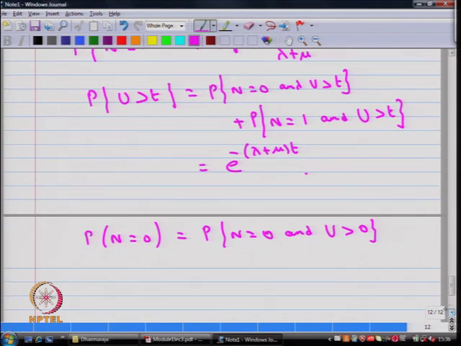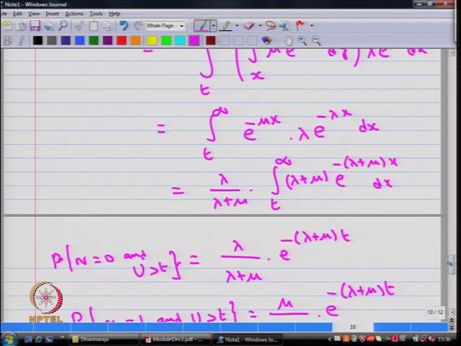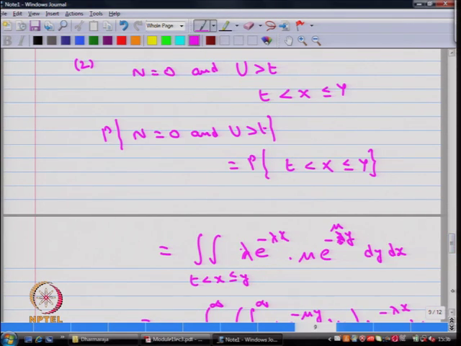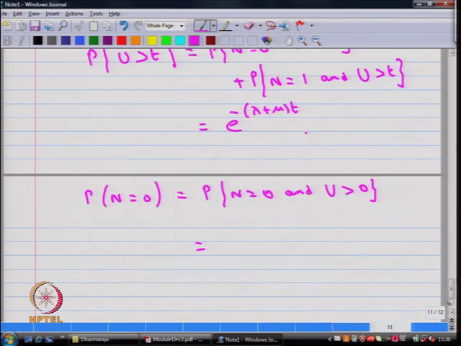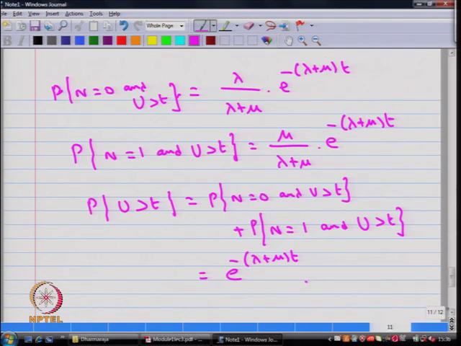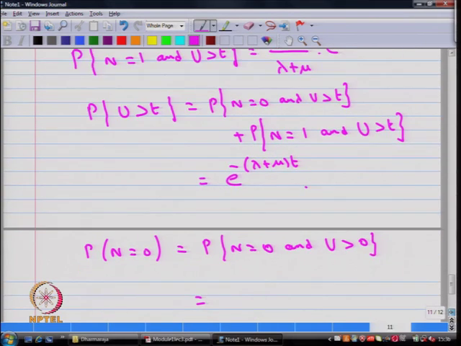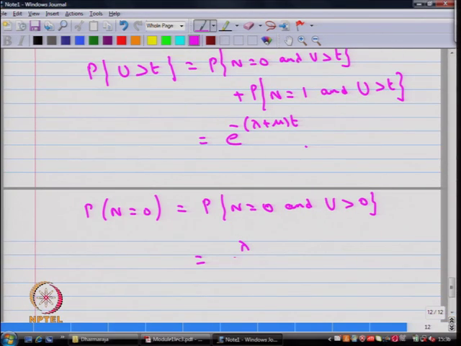If you recall, the probability of N is equal to 0 and U greater than t is lambda divided by lambda plus mu times e power minus lambda plus mu t. Here t can be greater than or equal to 0. So, substitute t equal to 0, that will give the probability of N is equal to 0. Therefore, this will become lambda divided by lambda plus mu.